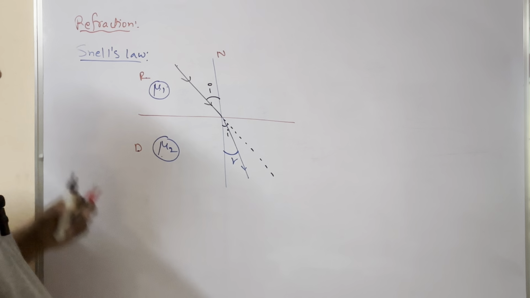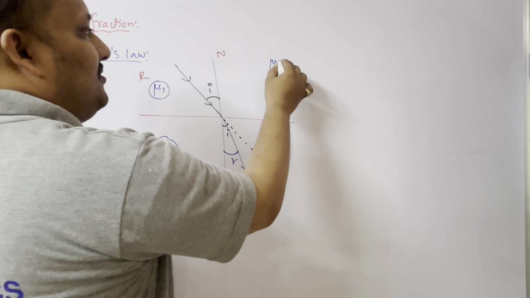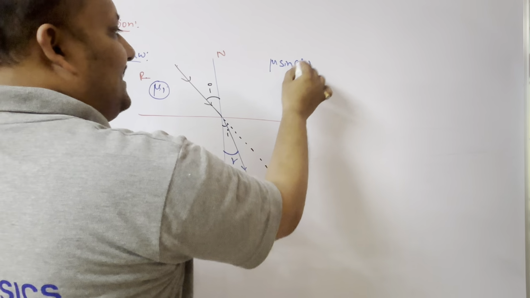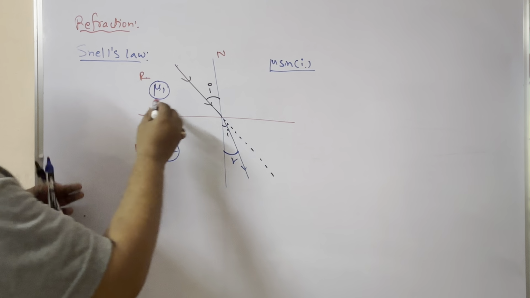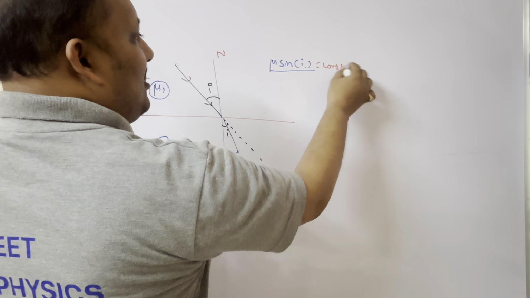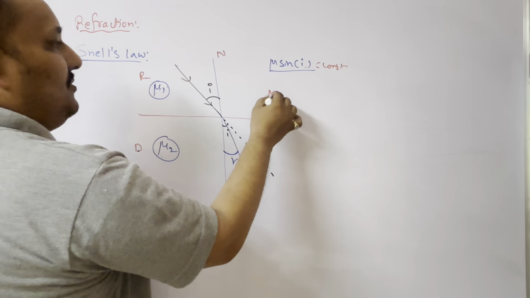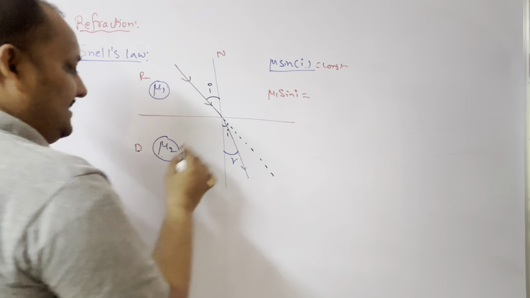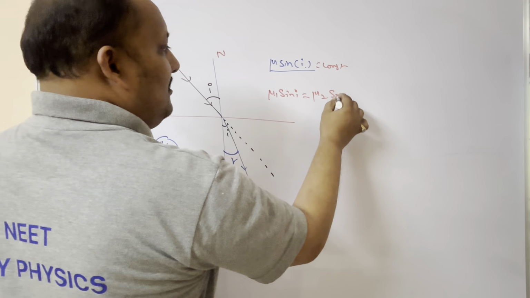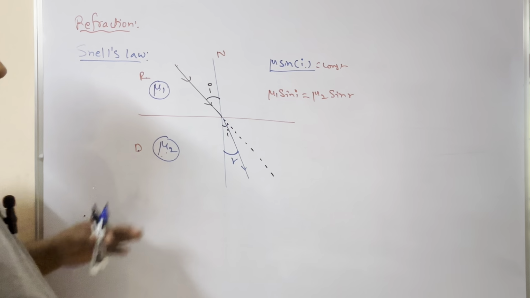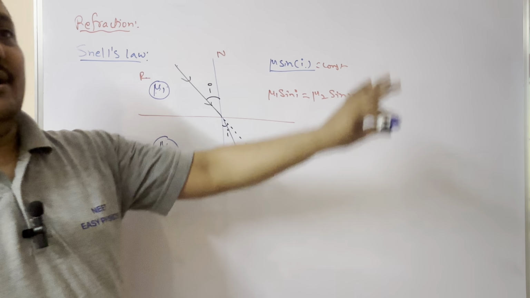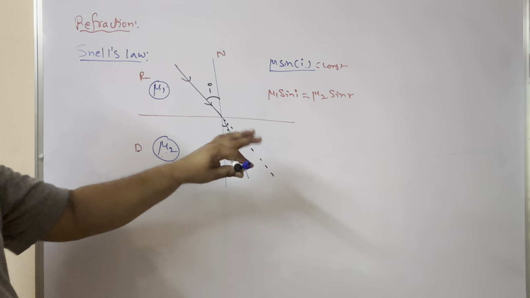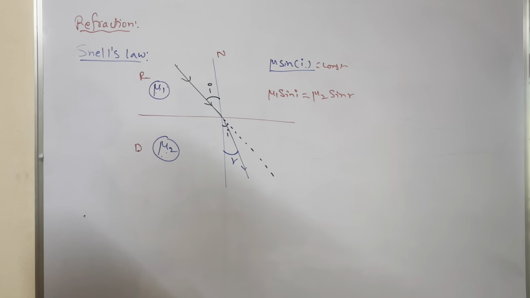Like that, however many mediums there are, the product of mu and sine of that angle, whether incident or refraction, is always going to be constant. So mu1 sin i is equal to mu2 sin r. If another medium is there, then mu3 sin r dash, like that we take.